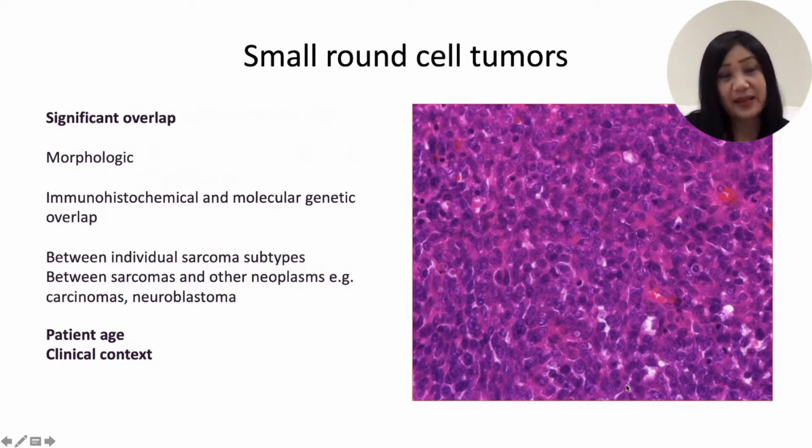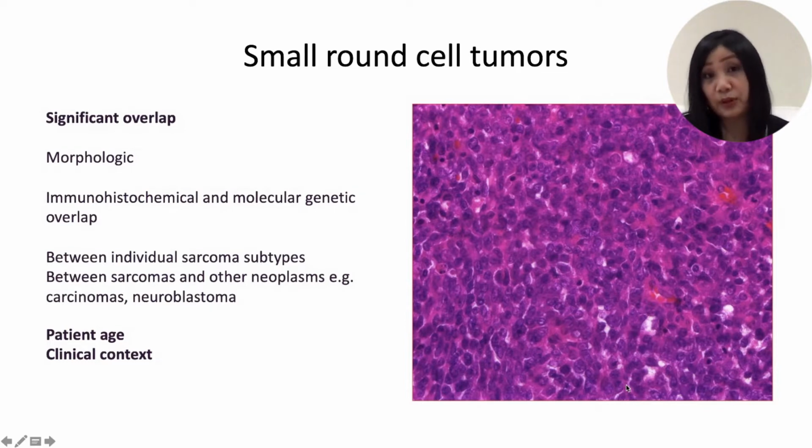And there is overlap morphologically and immunophenotypically between individual sarcoma subtypes, and also between sarcomas and non-mesenchymal neoplasms. For example, a quarter of Ewing sarcomas can show prominent keratin expression and resemble small cell carcinoma. Ewing sarcomas can show variable strong neural or neuroectodermal differentiation and resemble neuroblastoma. So when we're trying to diagnose them, it should always be in the whole clinical context.